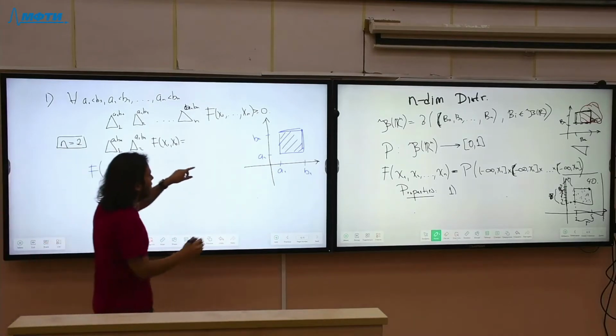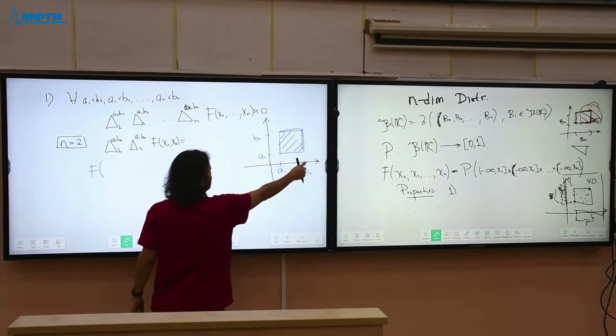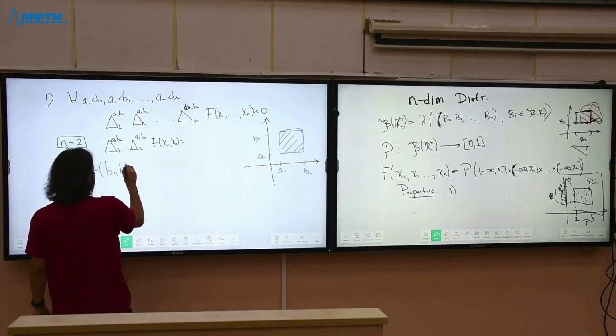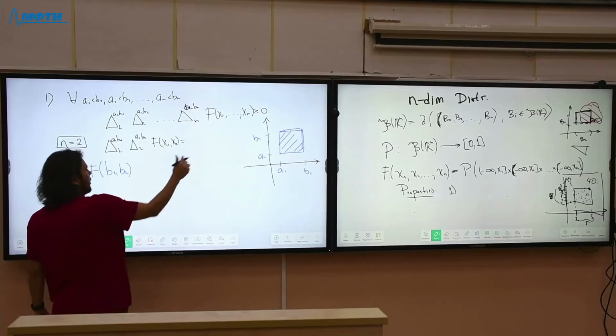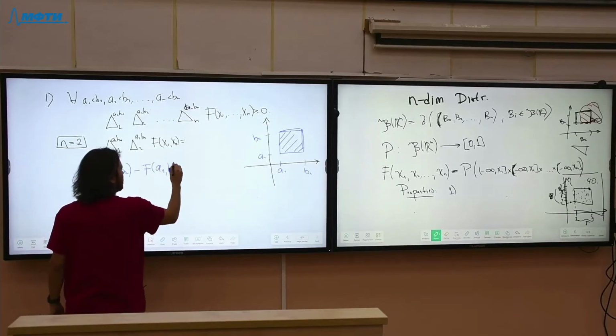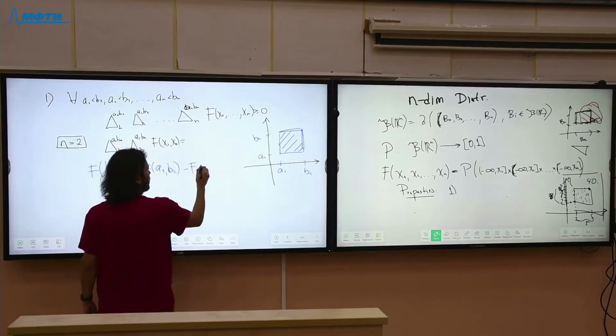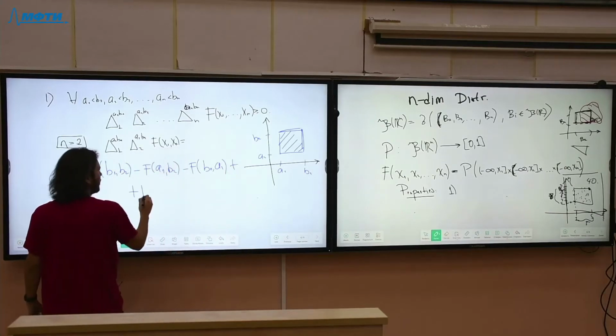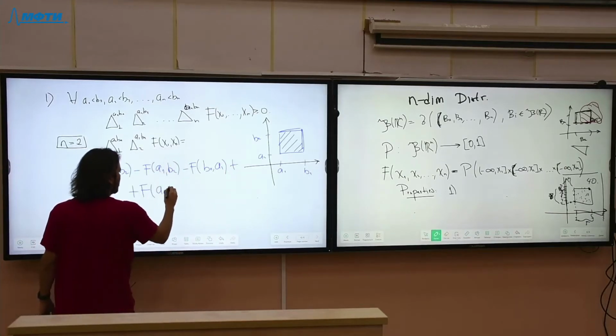And to find this area is equal to f of what? f of first b1, b2, minus f of a1, b2, minus f of b1, a2, plus f of a1, a2.